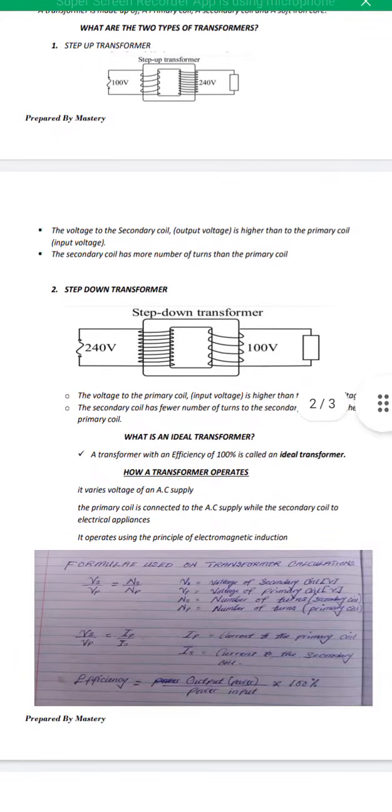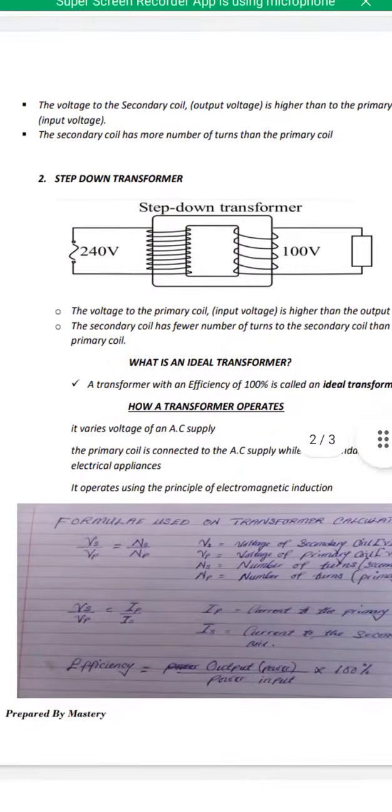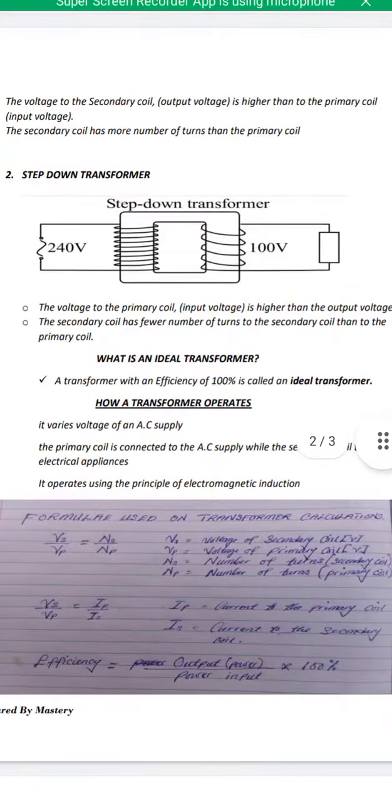There are simple formulas used in transformer calculations. When you want to calculate the voltage either to the primary coil or to the secondary coil, we use this formula here.